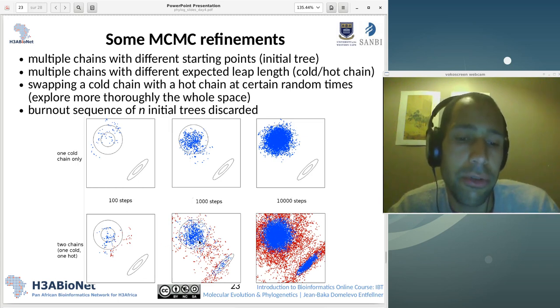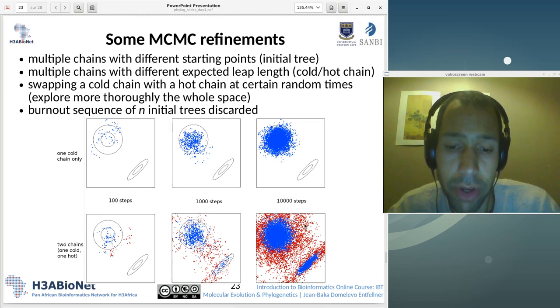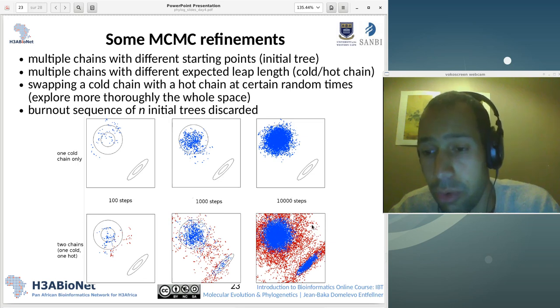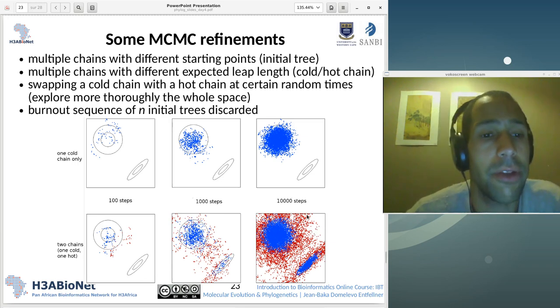And if you do this, after letting the system explore for 10,000 steps, you have this map here, where you see that the cold chain has been used to explore locally, and it has explored the 2 tops, while the hot chain has been used to explore more aggressively, more randomly, points of the space that belong to the planes, right? So that's what we do.